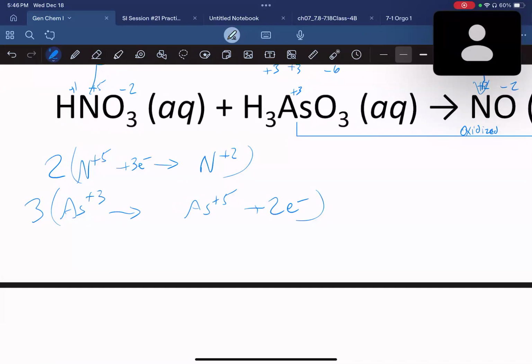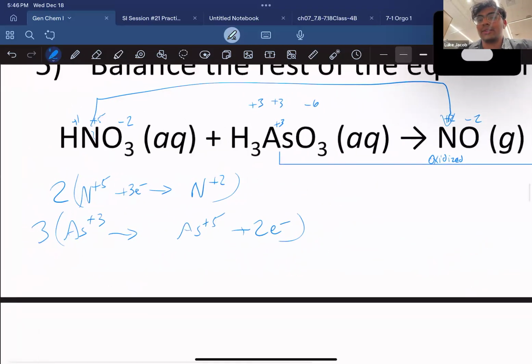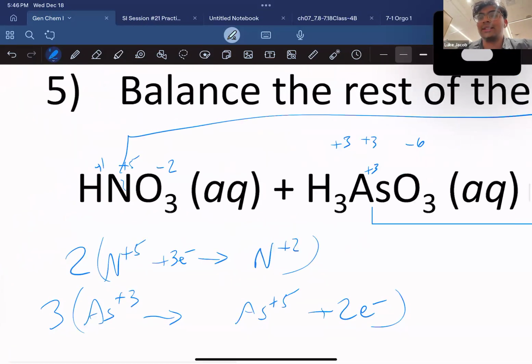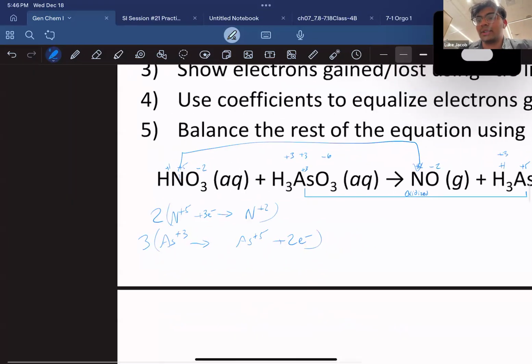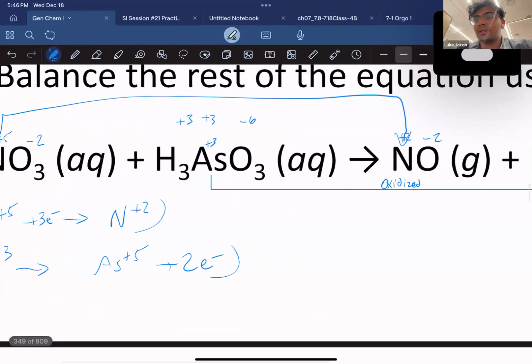Can you go over that again? Yeah, sure. So basically what I did here is I identified what is being oxidized and reduced, right? And so I wrote out the charges here, right? So there's N +5. This is unbalanced, by the way. So that's something to know as well. It's an unbalanced equation. And so what I did first is I identified the N +5, and I identified the N +2.